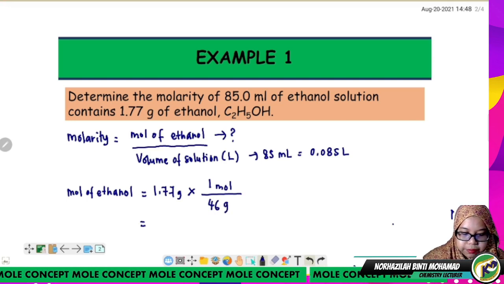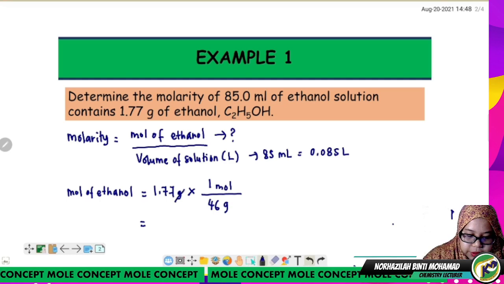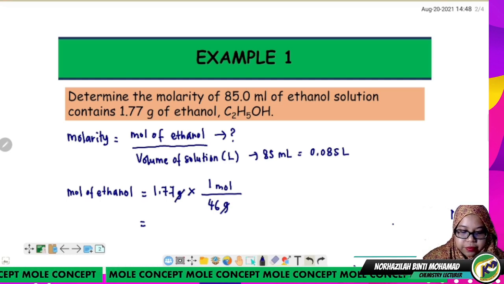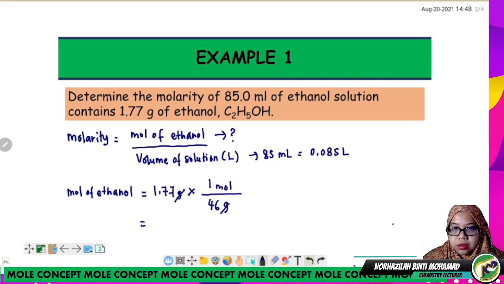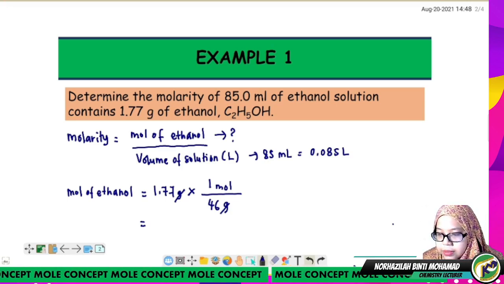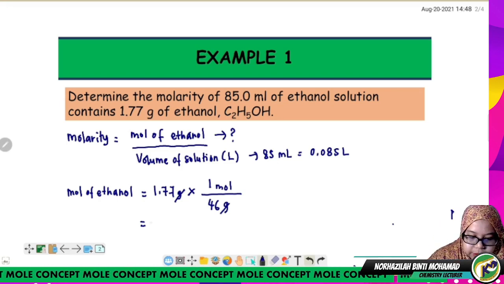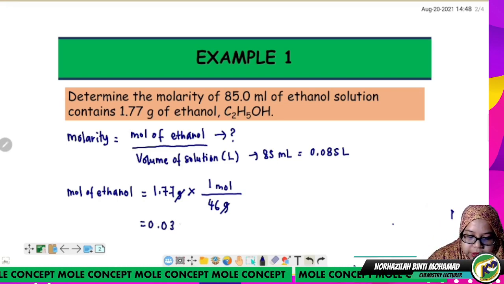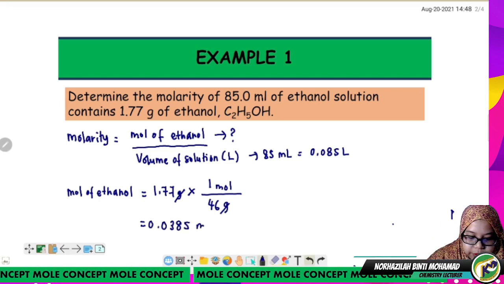We cancel the unit gram, leaving the unit mole. 1.77 divided by 46, we get 0.0385 mole.